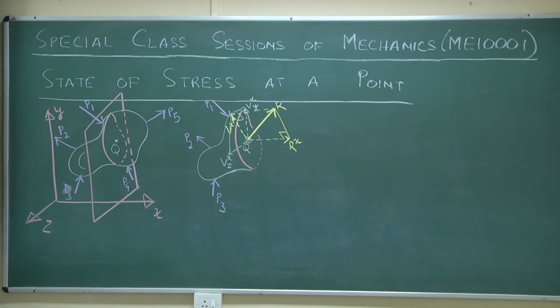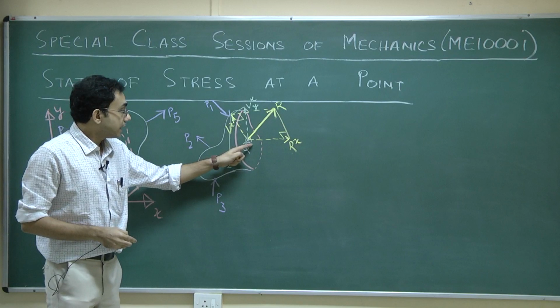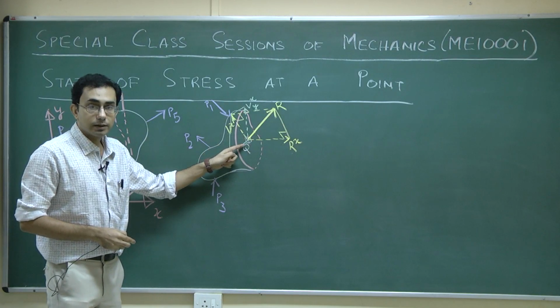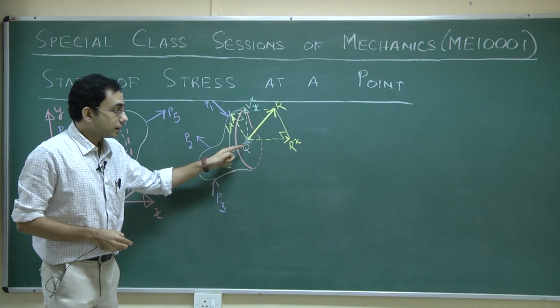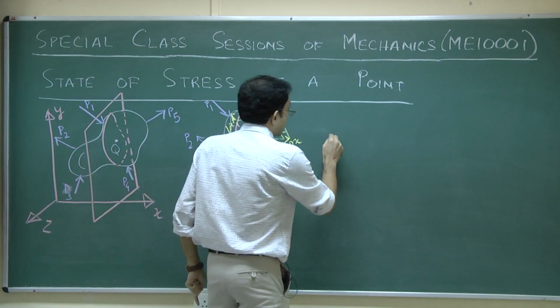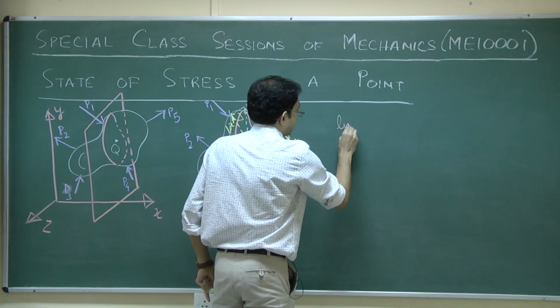Now if we appreciate this, then immediately we can do something. We can recognize that this little area element, we'll call that A, and we can take three different sorts of limits.